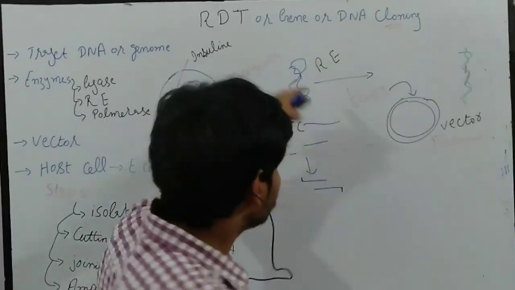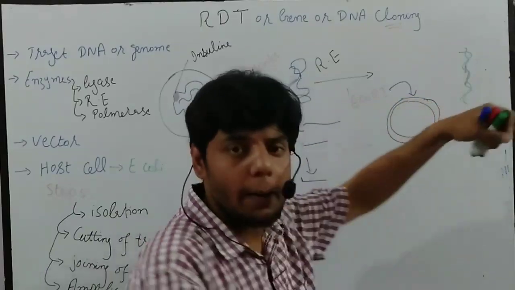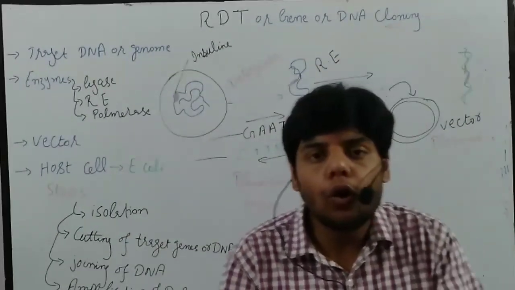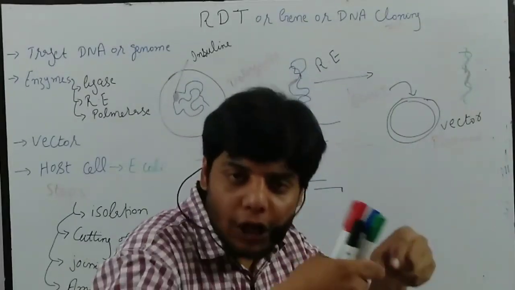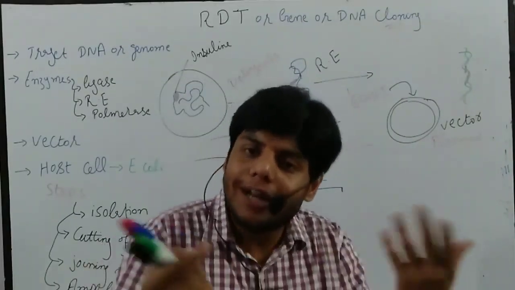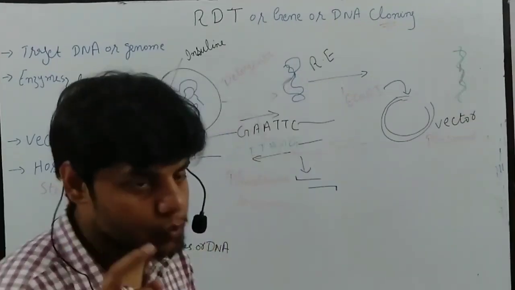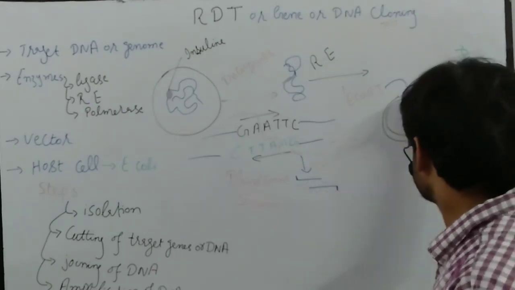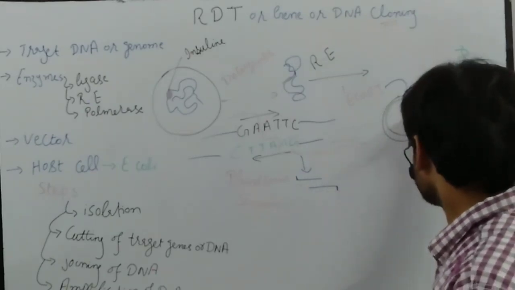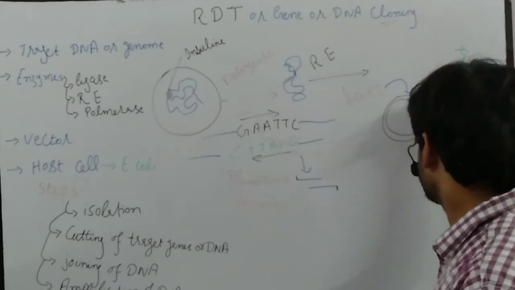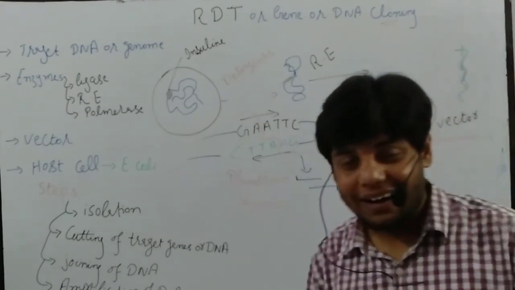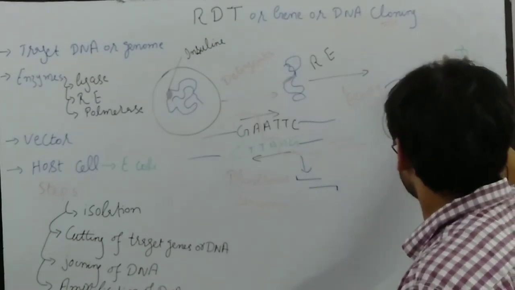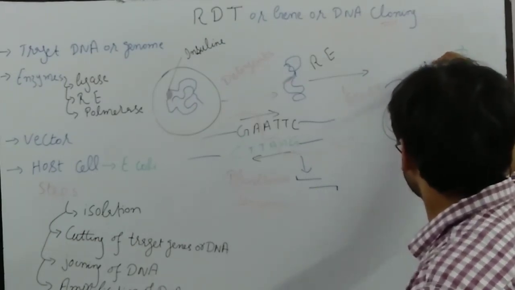Due to this, the target genome will not bind to the vector, because the enzymes are different and the sticky ends produced are different. When they are complementary, the vector will take up the target genome. Now let's say our target genome is inserted into the vector. So this is the target.